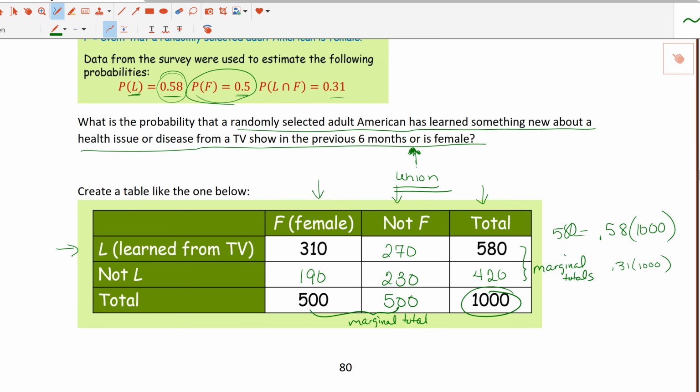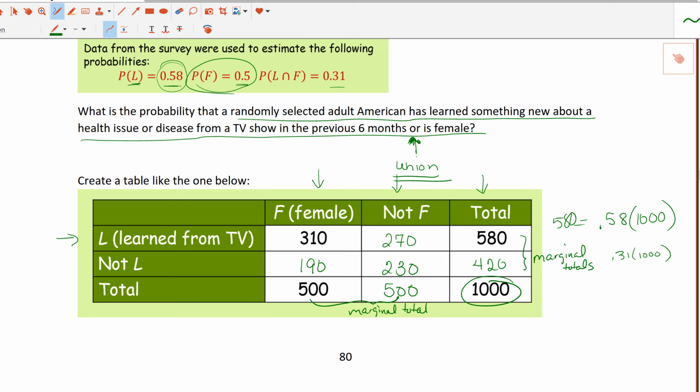So what we want to do is find the probability that somebody learned something or they were female. Okay. So how do we figure out that?